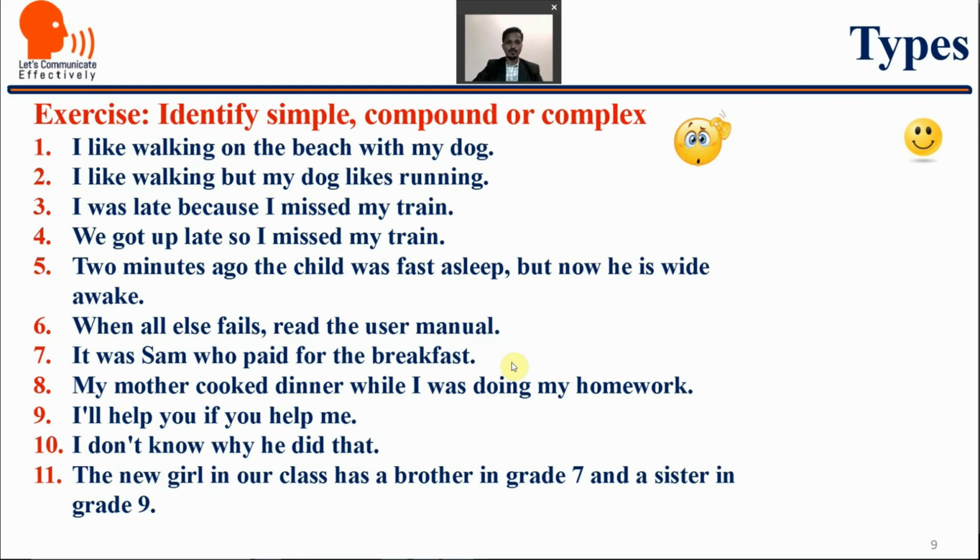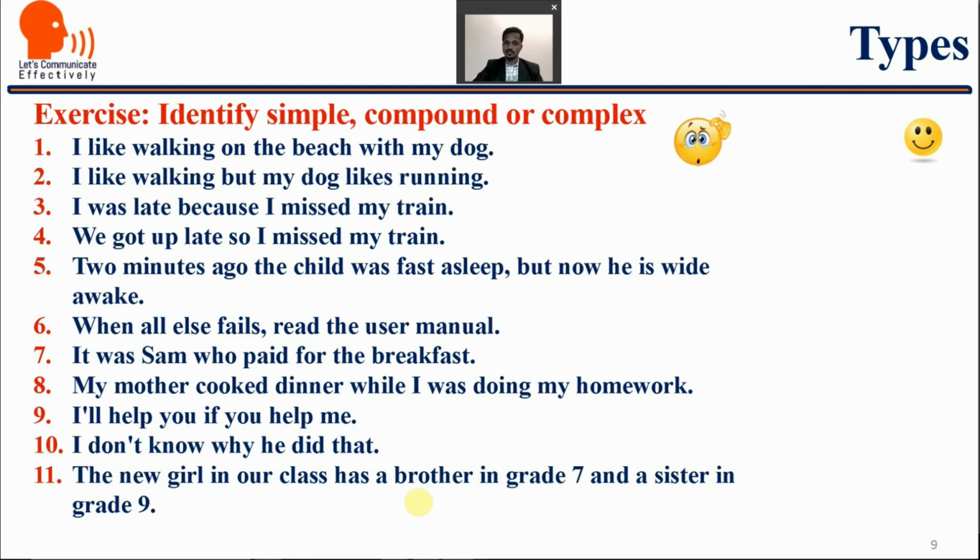It was Sam who paid for the breakfast. My mother cooked dinner while I was doing my homework. I'll help you if you help me. I do not know why he did that. And last, the new girl in our class has a brother in grade 7 and a sister in grade 9.